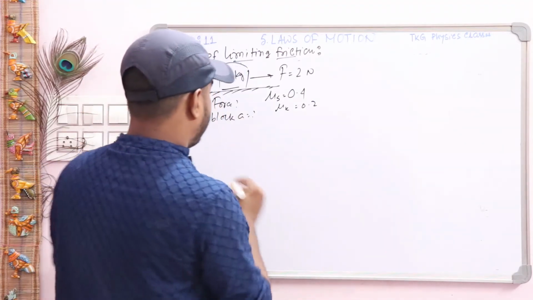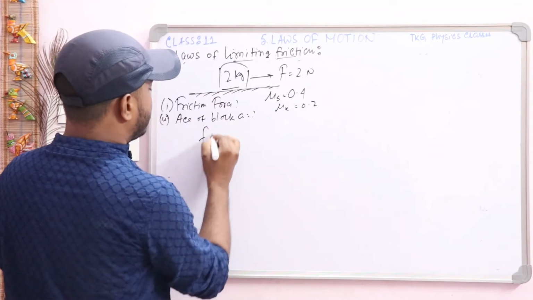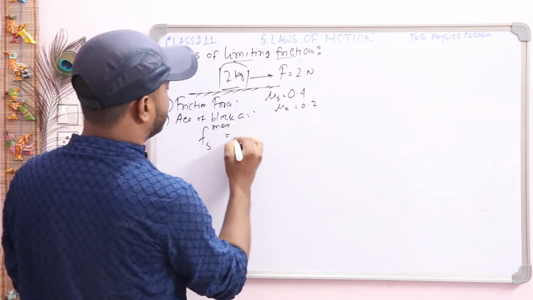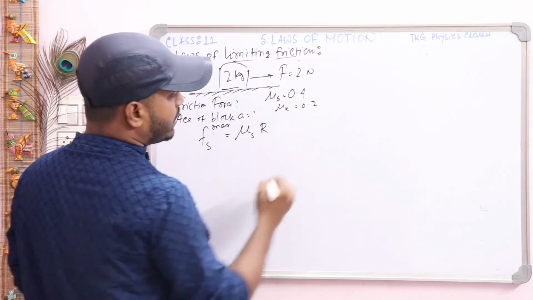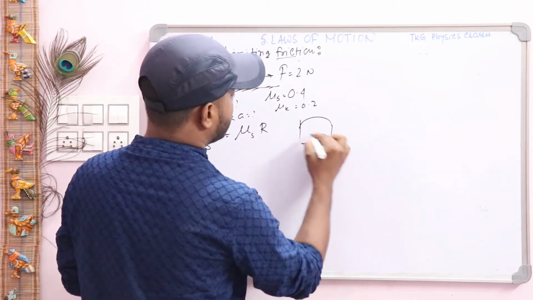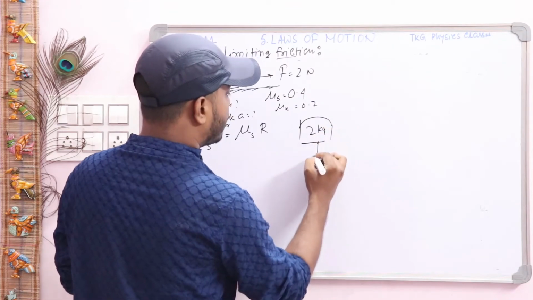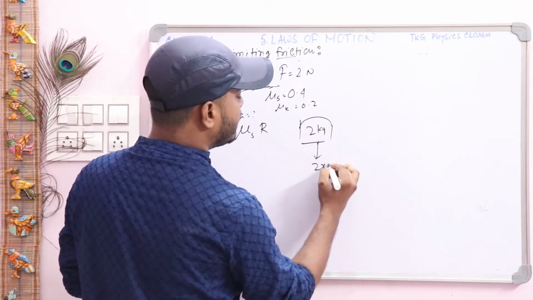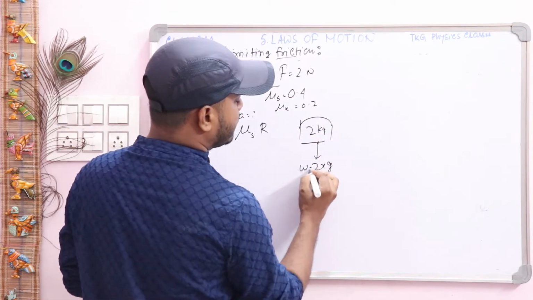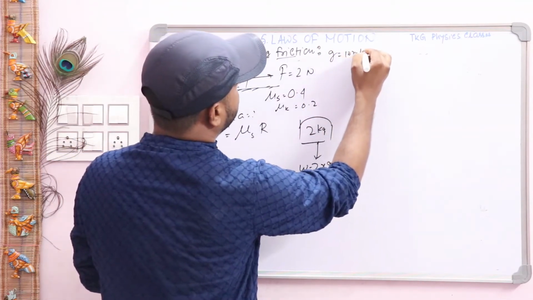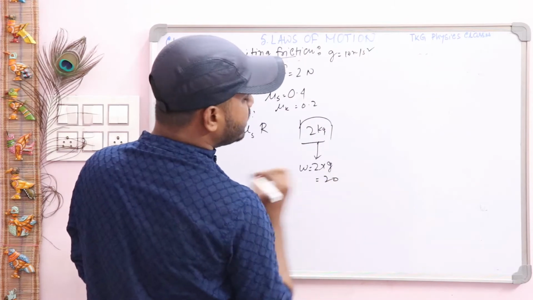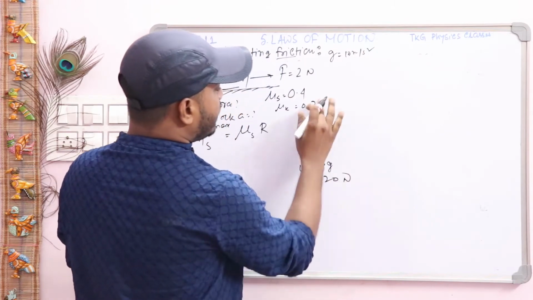You know the formula: limiting friction Fs max equals mu s into R. The body has mass 2 kg, so downward is the weight, 2 into g. Suppose g is 10 meter per second square, so this value is 20 Newton.